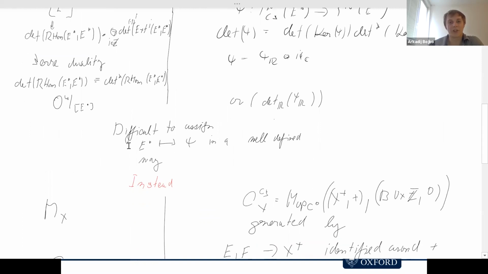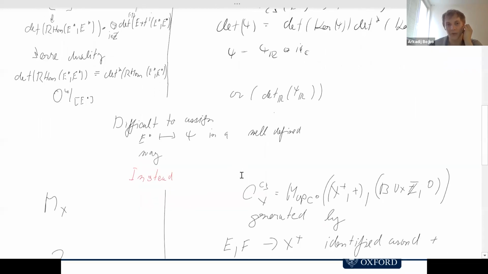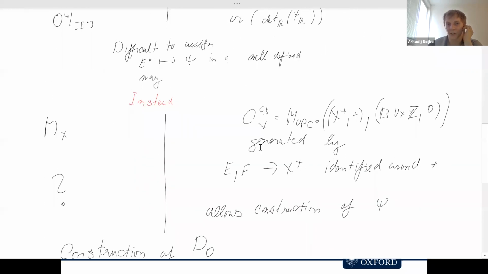So the issue with this idea of making this connection is that it's hard to assign in a nice way to a complex this pseudo-differential elliptic operator. So instead, one should kind of let topology take care of this.